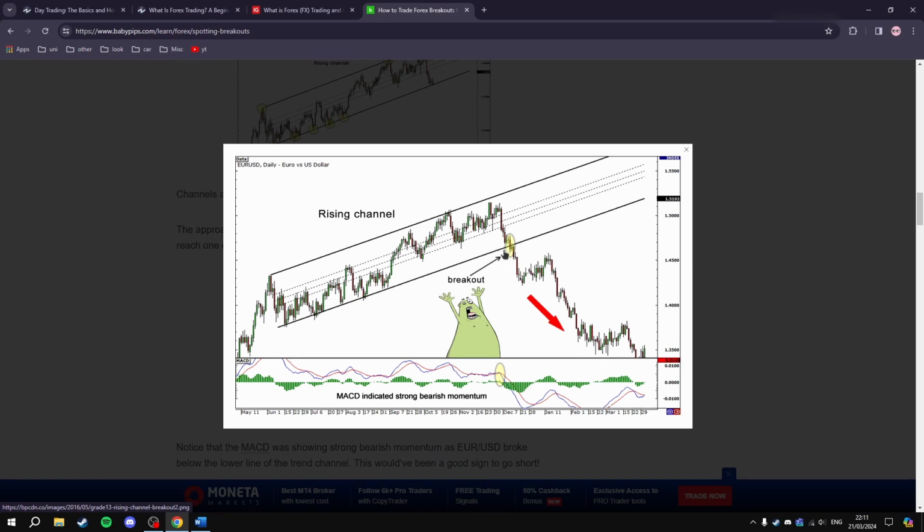To confirm that it's actually going to go down, we can see the moving average convergence divergence here. It's always been above zero here, which means it's a bullish trend. And if it crosses the zero line into below zero, then it's starting to show bearish momentum, which is exactly what it shows here. So the price is going downwards.